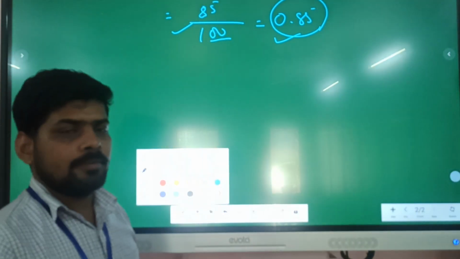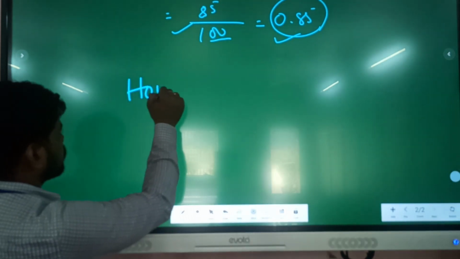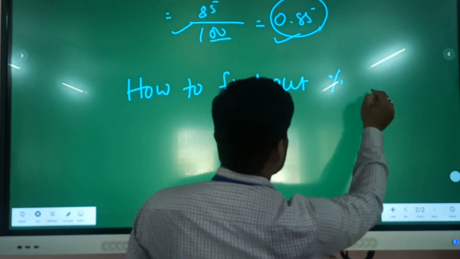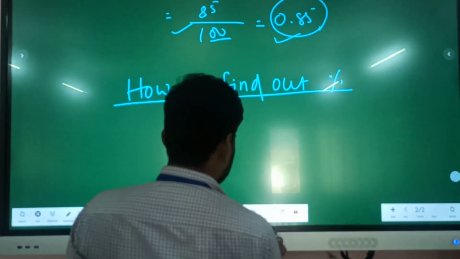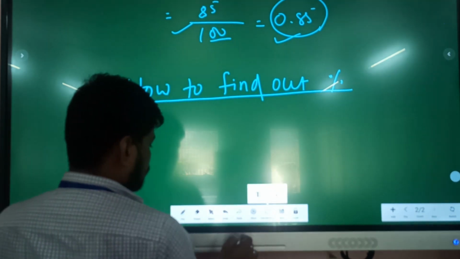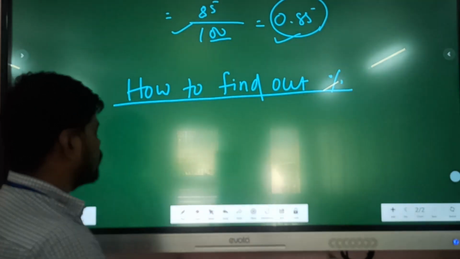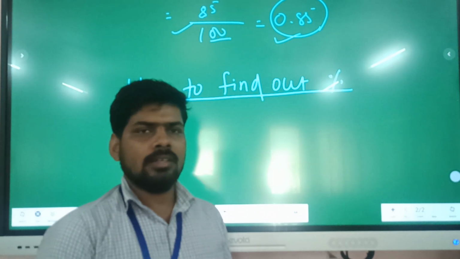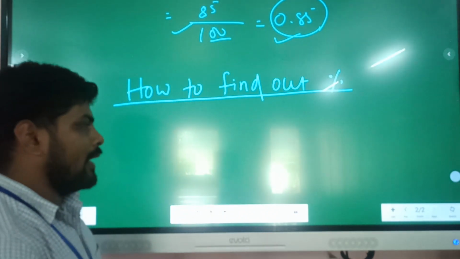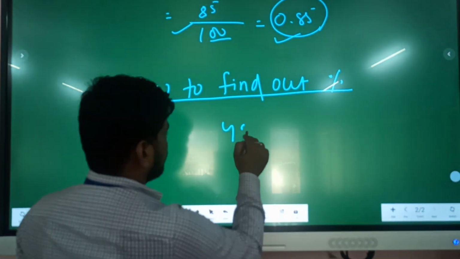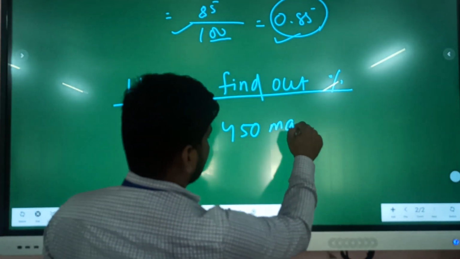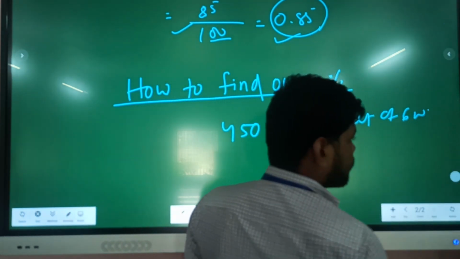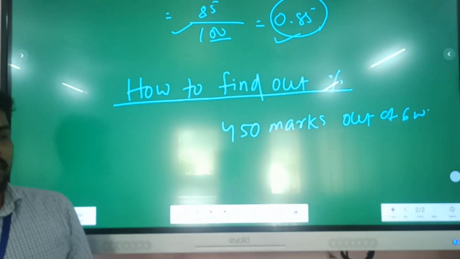How to find out percentage? When I was in class 8, I had secured 450 marks out of 600.